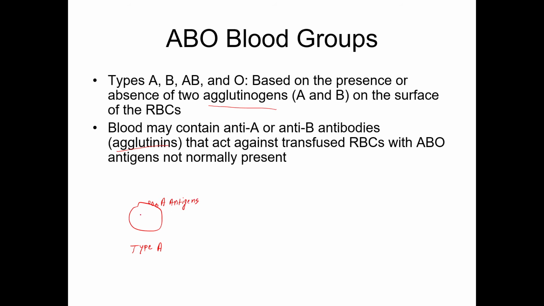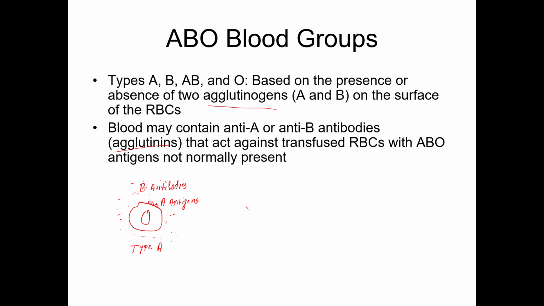And in the plasma outside of the cell, in this case you have the opposite antibody, not the same type: B antibodies. So this is type A.